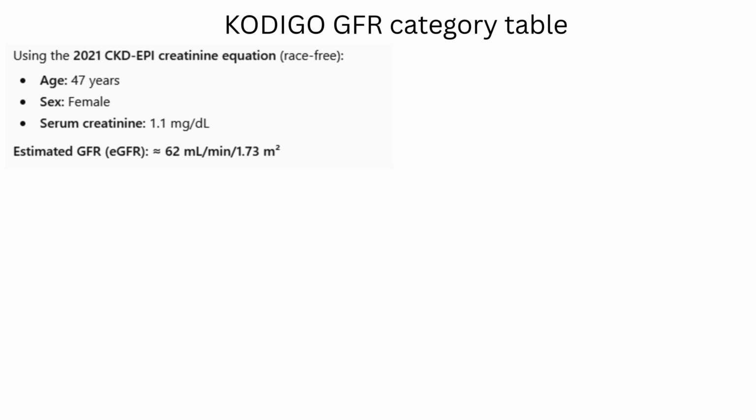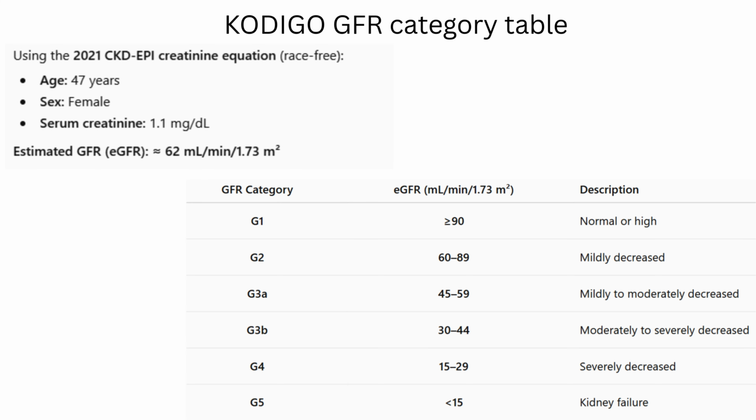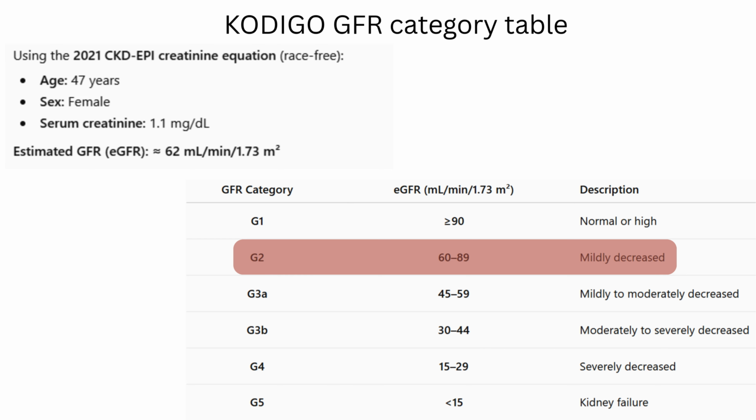At first glance, these results may make us think that the patient's kidney function is completely normal. However, when we calculate the eGFR, we see that the glomerular filtration rate is reduced. According to the KDIGO GFR classification, this patient falls into the G2 category, which indicates mildly reduced kidney function.